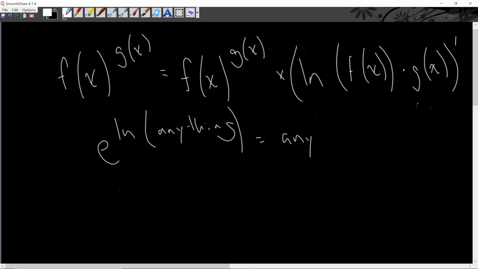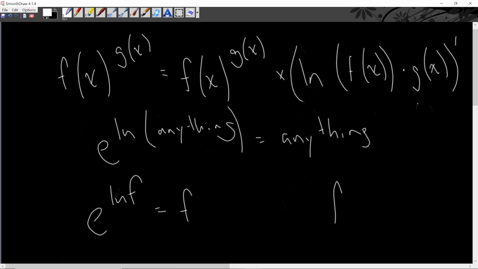So we have e to the power of ln f, that is equal to f.